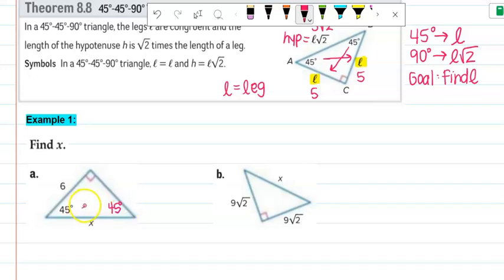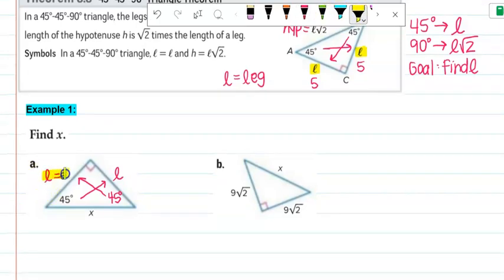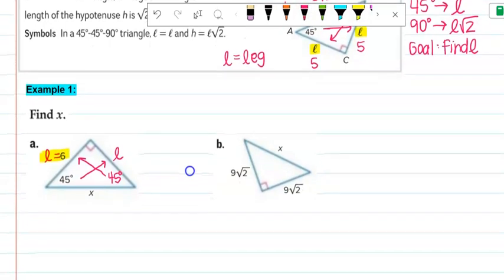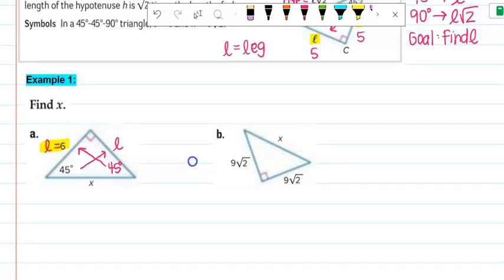Across from those 45s, these are the sides that are just our legs. So we can see that we already know what our L is, right? It's equal to 6.